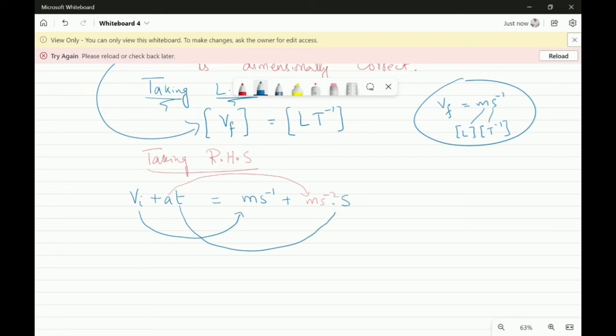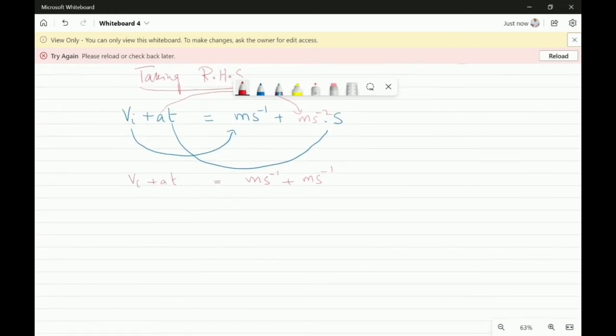So solving it in one go, it will be meter per second to the power minus 1 plus minus 2 plus 1 will give you meter per second minus 1. So how many meter per second minus 1 do we have? Plus another one. So it will be 2 m s minus 1.